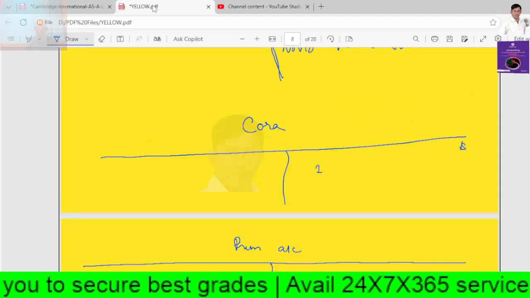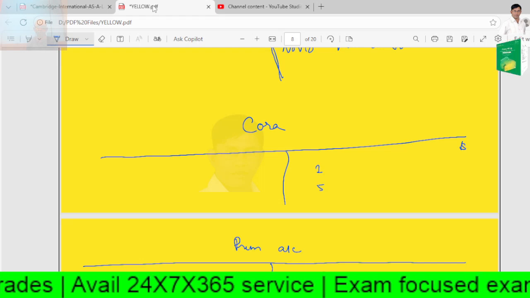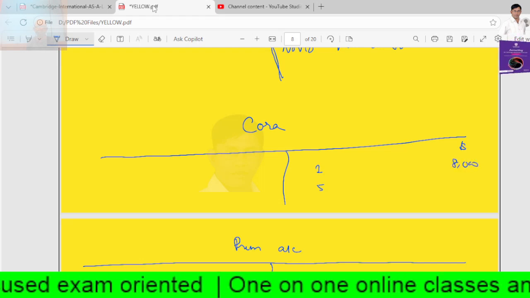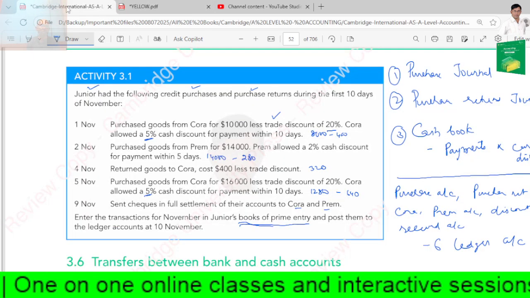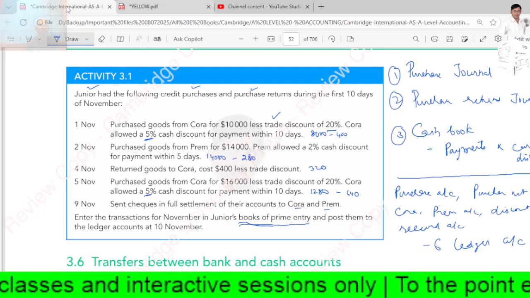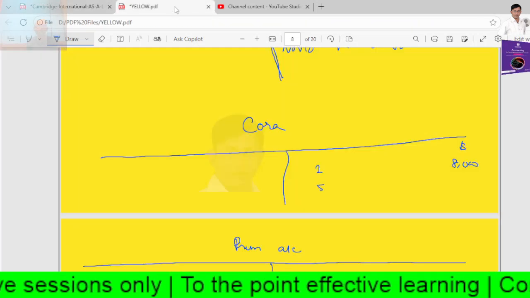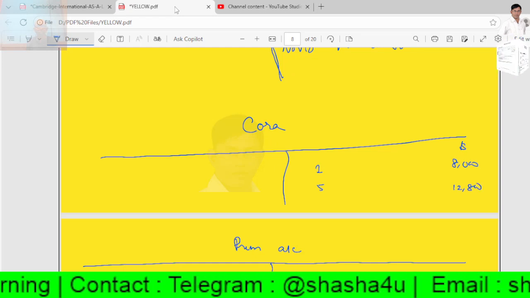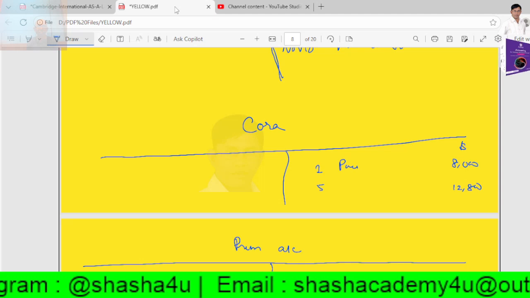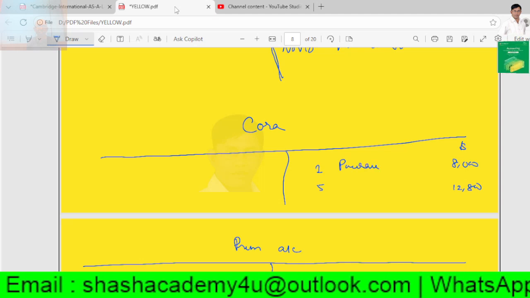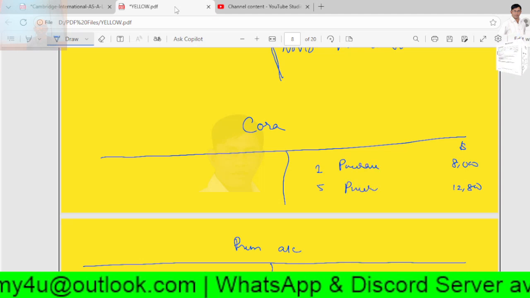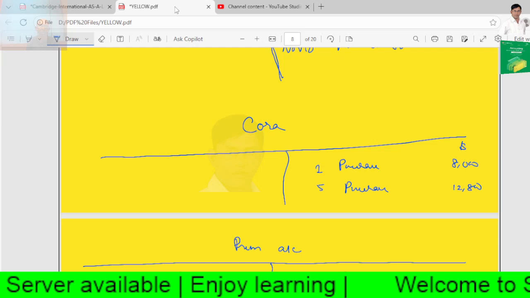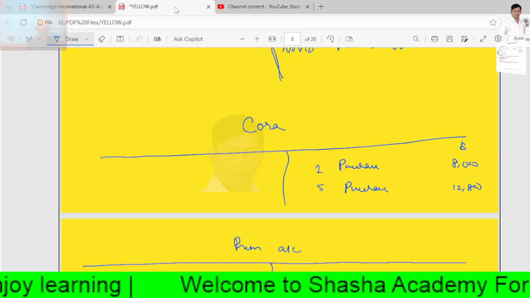On 1st it is 8,000. On 5th it is 12,800. So this is purchases. Remember, you are writing purchases here, not purchase journal. Purchases 8,000, purchases 12,800.